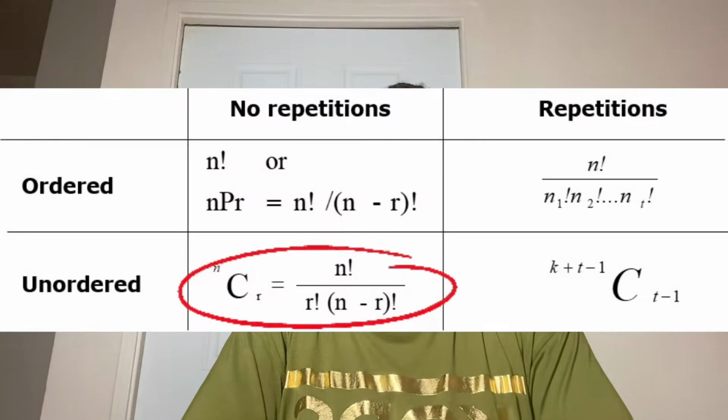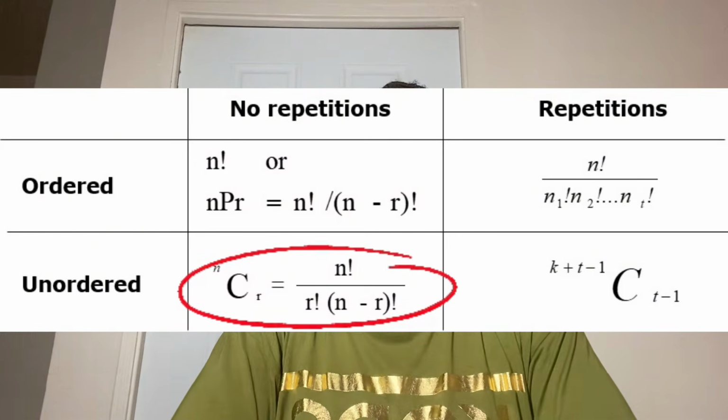Since we know it's combination and there's no repetition, we're just going to use the formula that we know. Each time we're choosing shoes, pants, and a shirt, we choose one at a time to form the outfit, because you don't want to wear 2 pairs of shoes, you want to wear 1 pair.